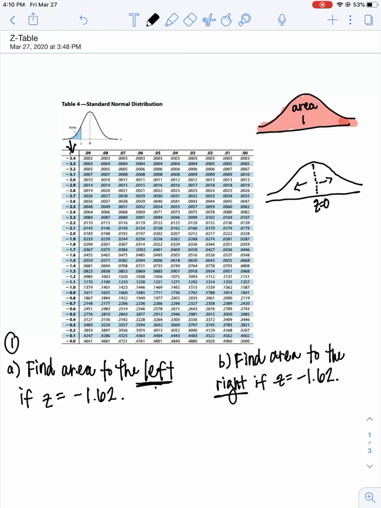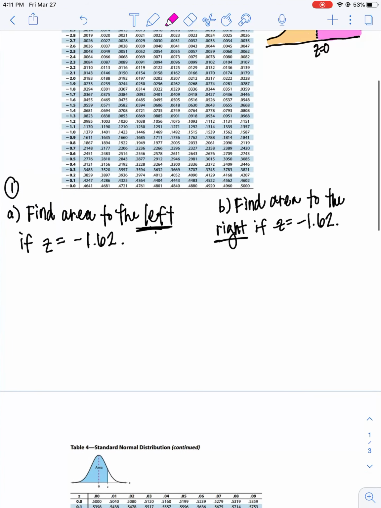These values over here are negative z values, and these values over here are positive z values. But what I want you to realize is that z equals 0 cuts this in half. And so what that means is half of the area is to the left and half of the area is obviously to the right.